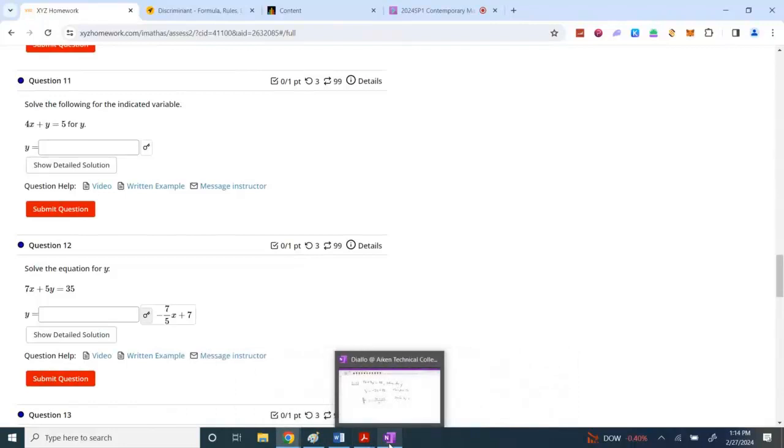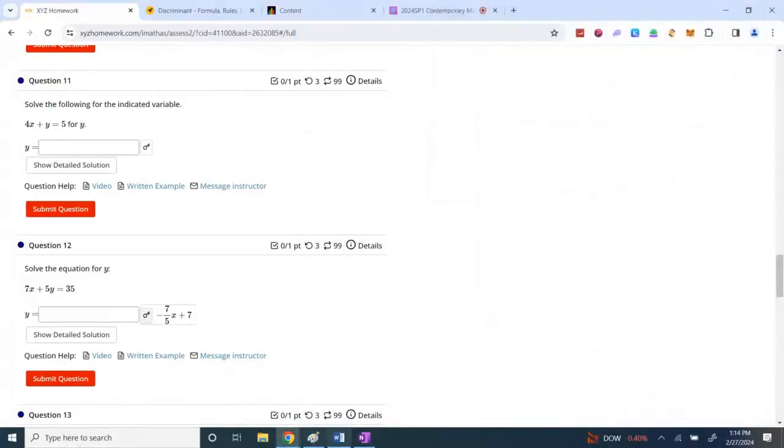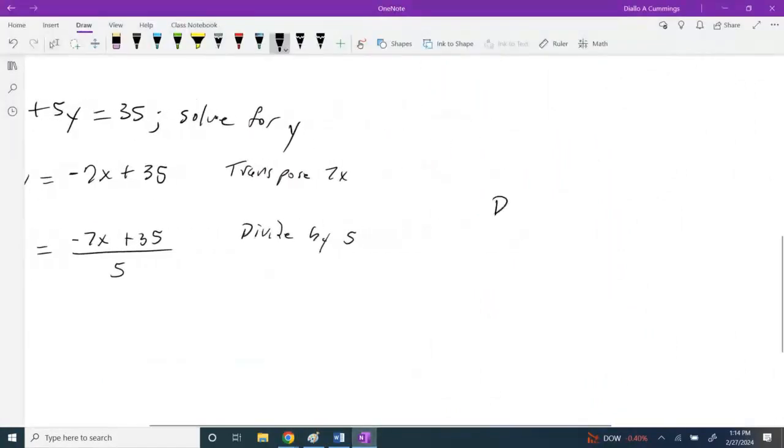So from this point, I'm going to use this formula. It's called divide by a monomial.